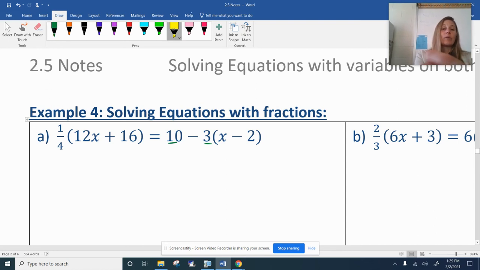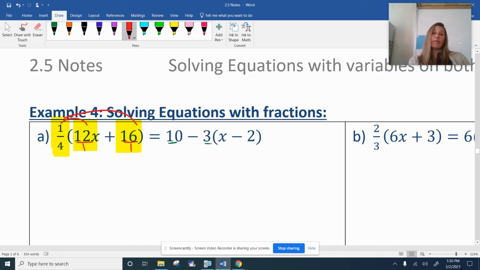So the first thing I would do is look to see what you need to distribute, that's a fraction, and see if the two numbers you're going to distribute to are divisible by that denominator. So is 12 divisible by 4? Yes. Is 16 divisible by 4? Yes. If it is, distributing is going to be your best bet. When you're distributing a fraction, 1/4, remember these are really like over a 1.